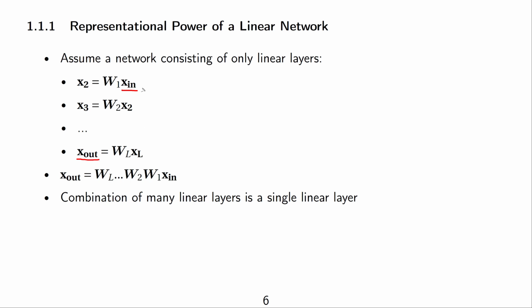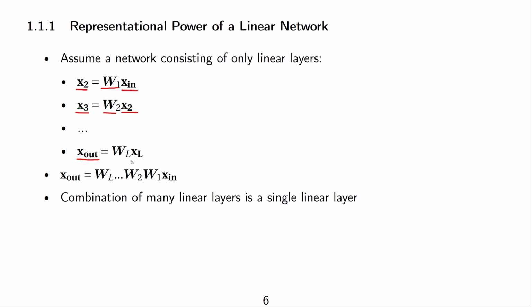The first layer takes the input vector x in and multiplies it with the matrix w1. And as output, we have x2. The next layer takes x2 as input, multiplies with the matrix w2, and obtains x3.